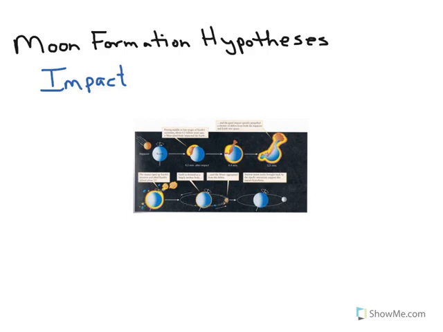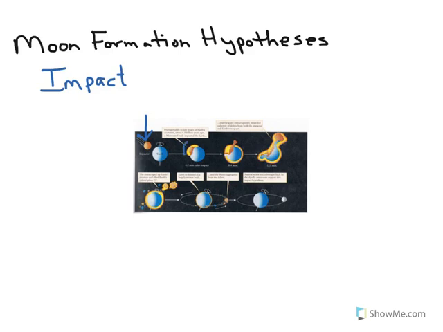The idea behind this hypothesis is that early in the solar system there were a lot of protoplanets that ended up not getting used to make planets, did not survive, and there were lots of collisions. So the hypothesis is that an object about the size of Mars collides with the Earth.